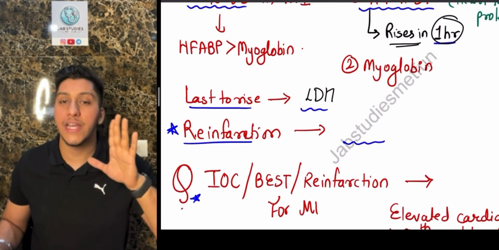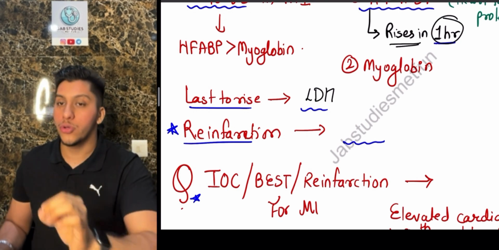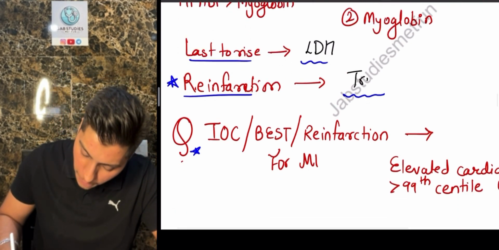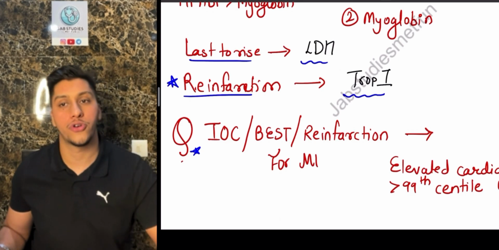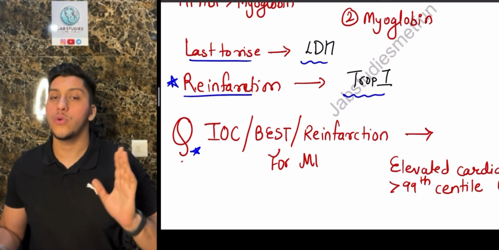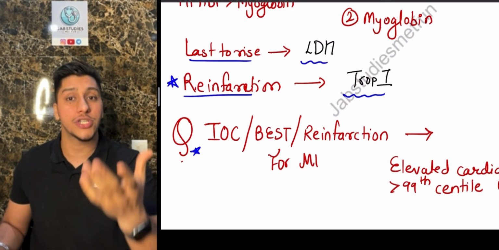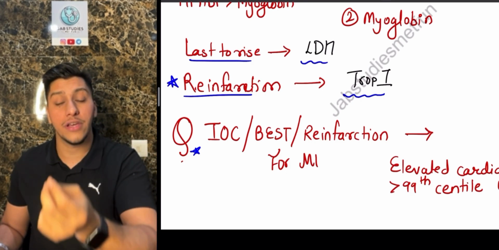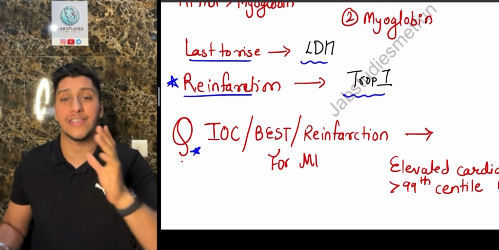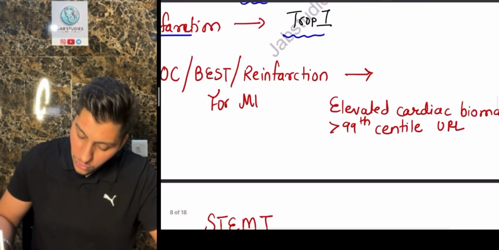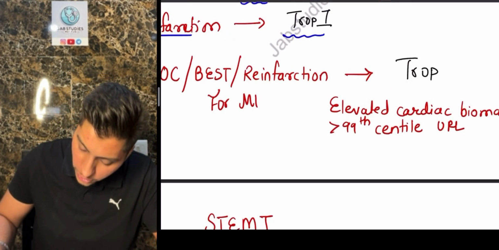If a patient has reinfarction, what is going to rise? The answer is going to be your TROP-I. Okay? If you get a question, which is the best investigation, the investigation of choice, or what is the investigation for reinfarction in case of MI, what test will you do? You will do the TROP-I test.